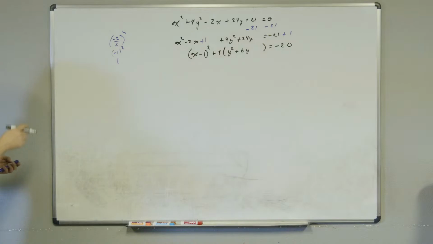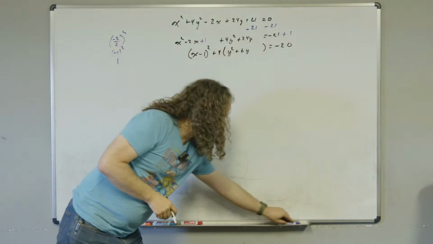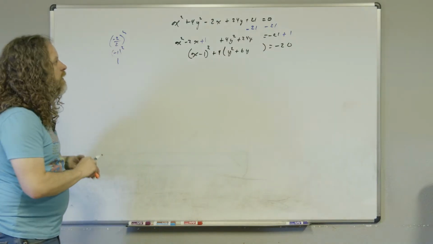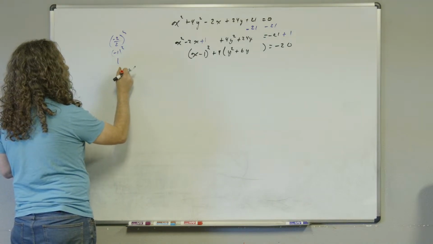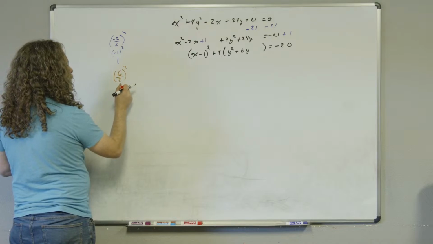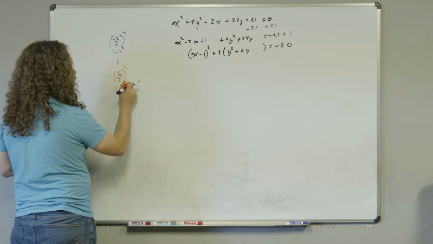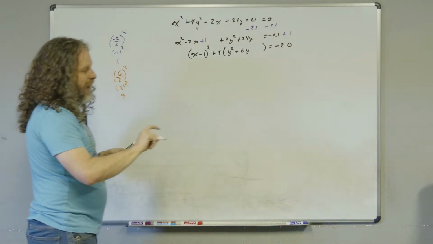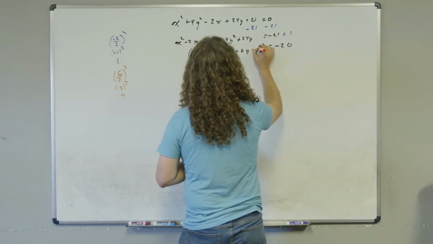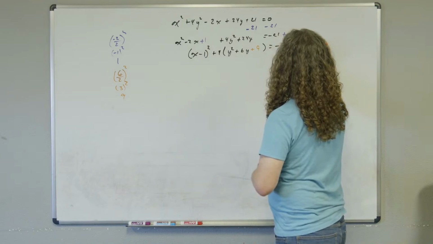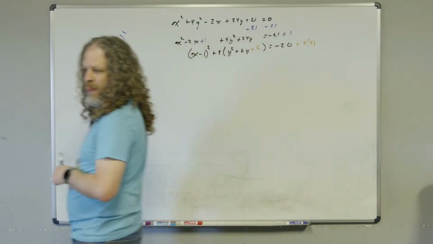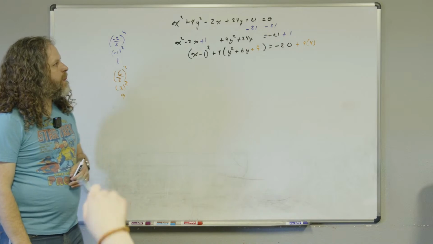All right, so now we do the green part again, right? So 6 divided by 2 squared. That's just 9. 3 squared, which is 9. So we're going to add 9. Now, on this other side, we have to add 9 times 4, right? Wouldn't it be minus because it's in the parentheses?